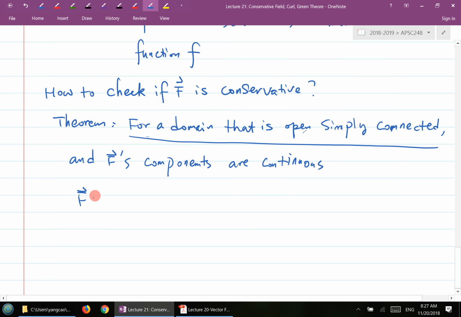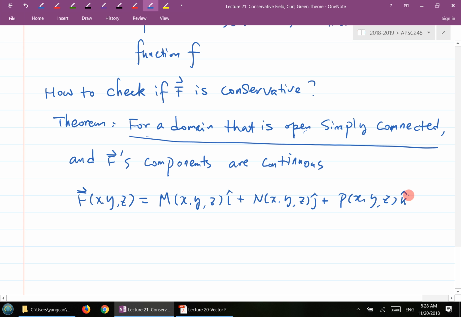And let's list our vector function F, which I will write down as M, N, and P. So here's my vector function F. My objective is to check if this vector function is a conservative field or not.